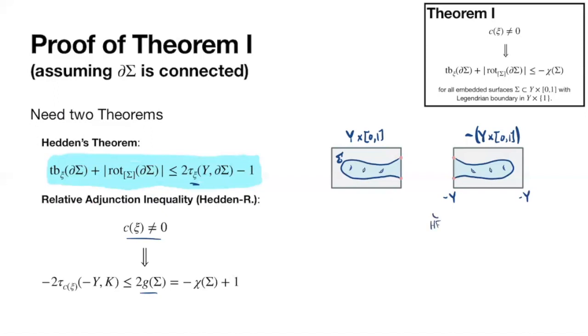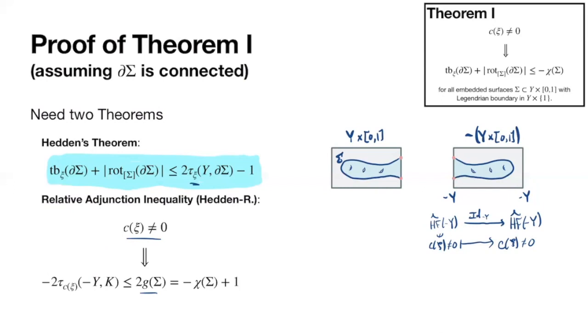HF hat of minus y maps by this, and the map induced by this 4-manifold is the identity on minus y. So in particular, the contact invariant sitting in here is non-trivial and gets sent to itself, which is still non-trivial. That's the condition I need for the relative adjunction inequality to hold.